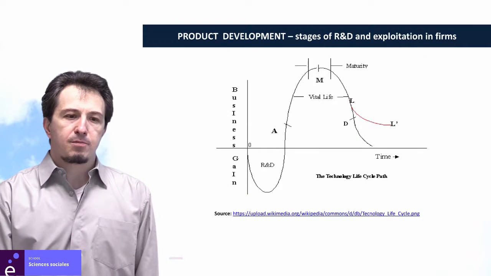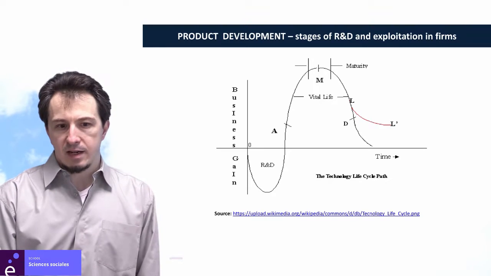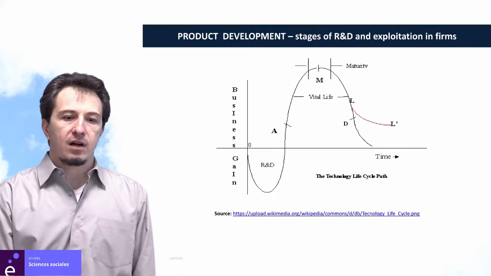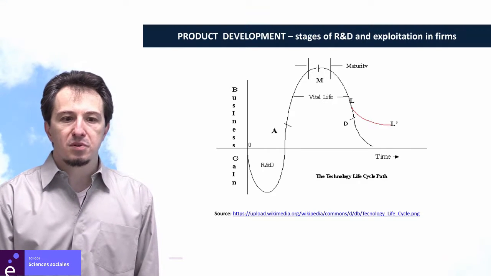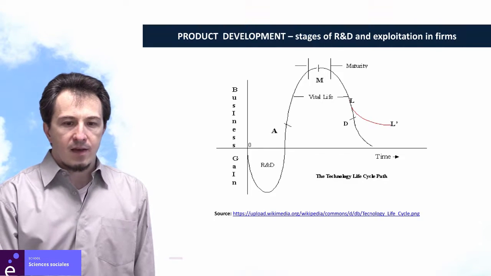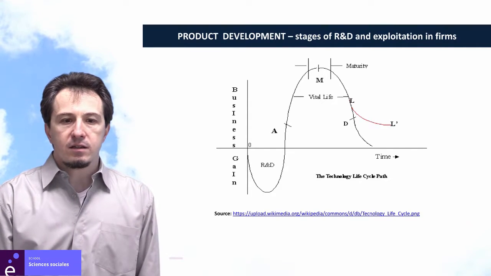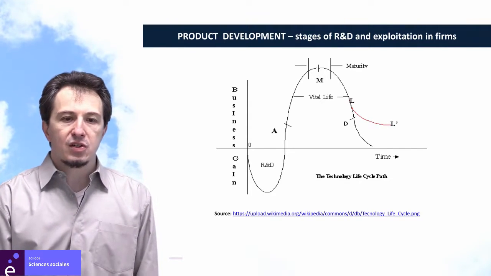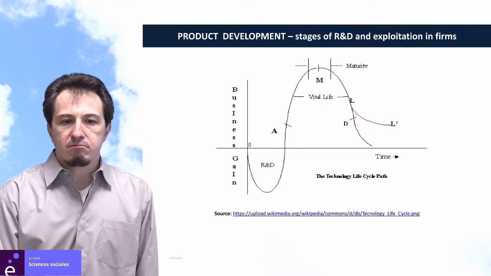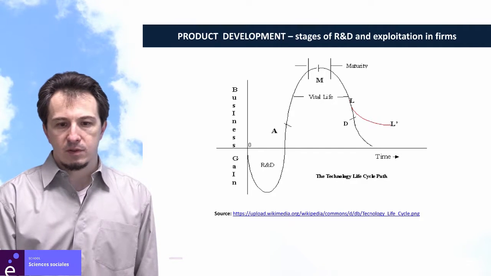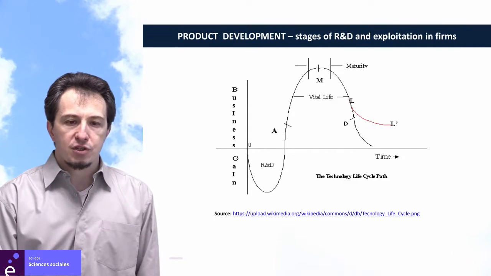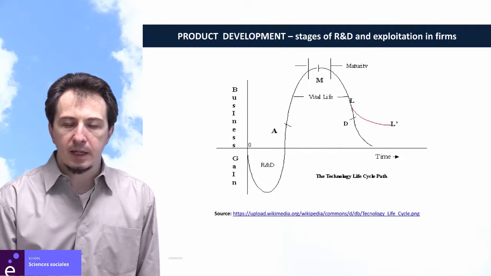Now, this is the product life cycle. First, you have on the bottom in this slide R&D. So basically you put money into it, you don't gain from it, it's an investment. And then after a while, the cycle goes on the positive domain, and it's the life period of that product, the maturity of that product, which is exploited by the company.